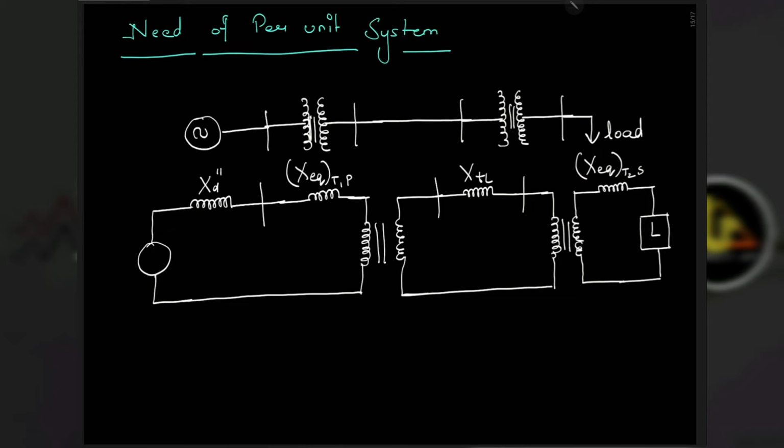Now suppose you need to find the current in the primary side. Here you need to find the current in the generating side. So you need to transfer the parameters of the other circuits to the generating side, right? And this will make your system more and more complex. It's easy in a single phase transformer where you represent the secondary side parameters in the primary side, but here it will lead to more complexity, right?